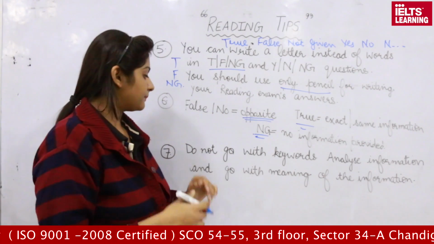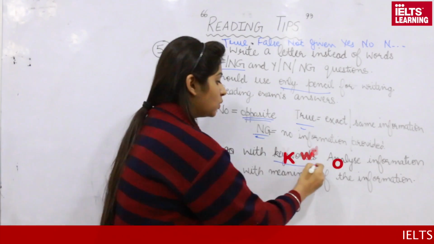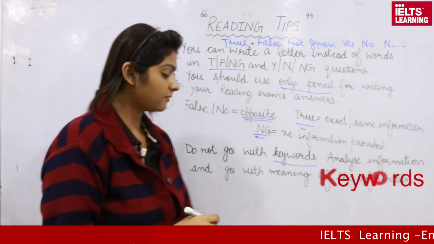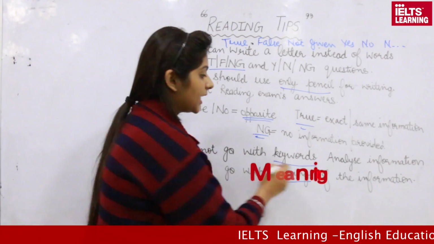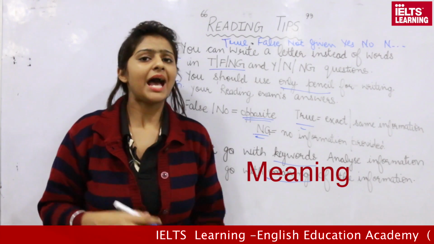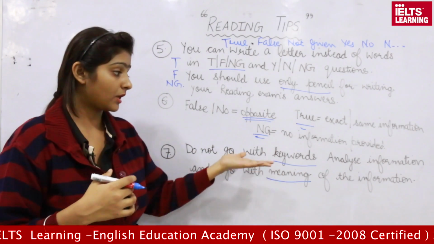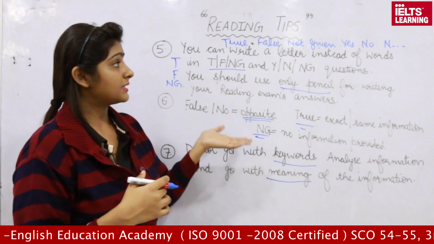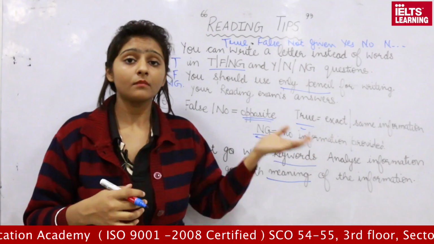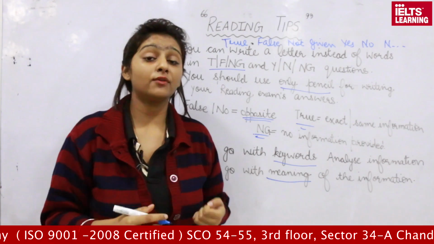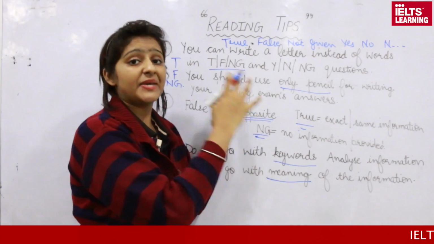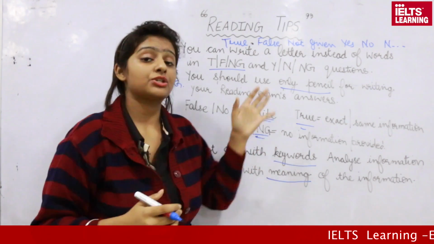Okay, the next tip, do not go with keywords. Analyze information and go with the meaning of the information. I know that keywords have a lot of importance in giving answers for your reading exam. But the thing is that keywords give you location in the reading passage, that okay, where the information is located.